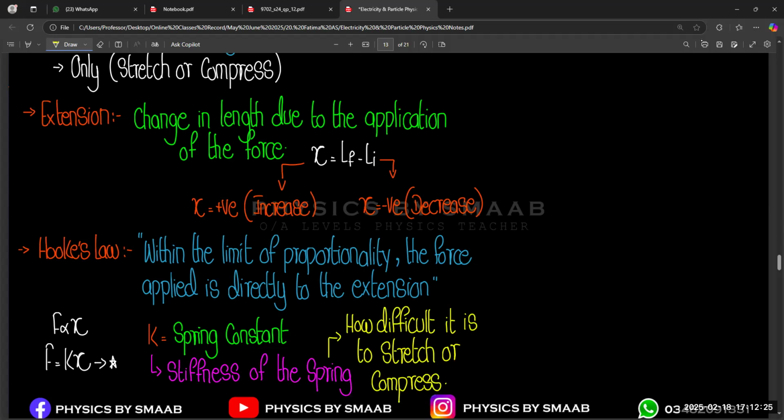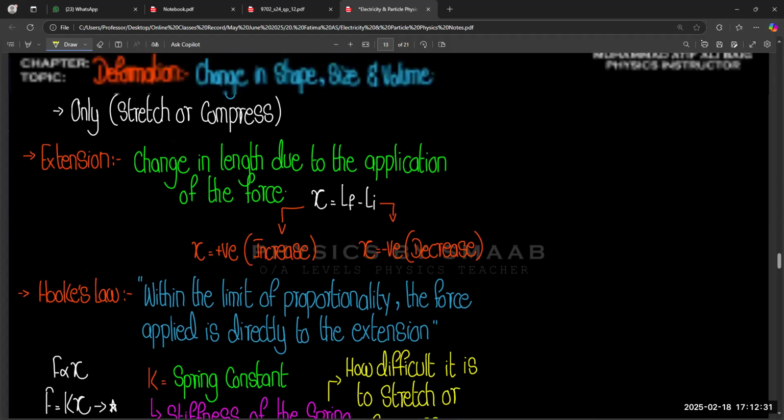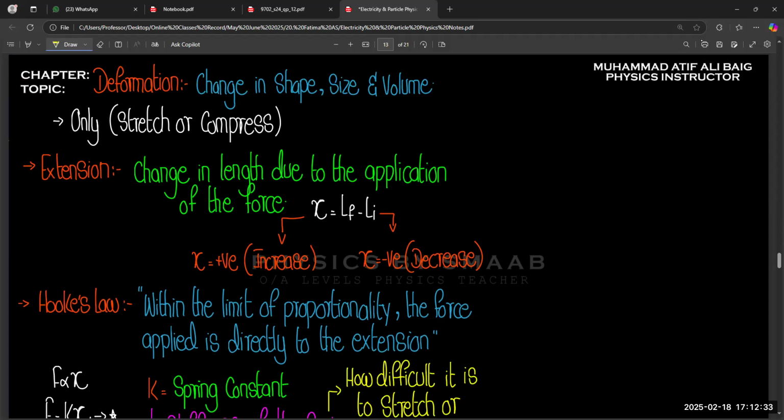So this is the meaning of stiffness. And for example, if the value of K decreases, let's suppose if the value of K decreases, it means that the spring acts like a soft spring.